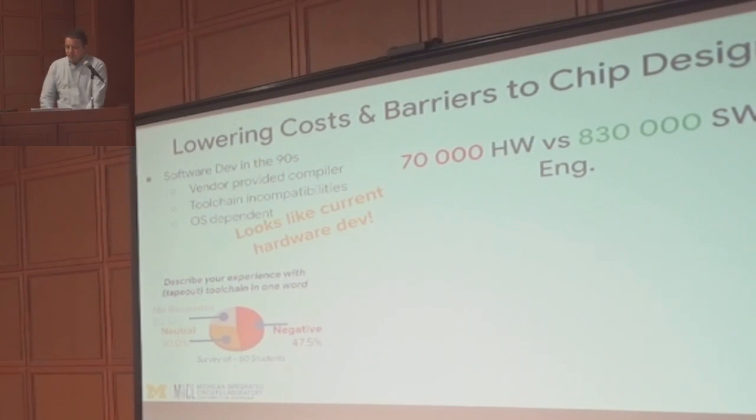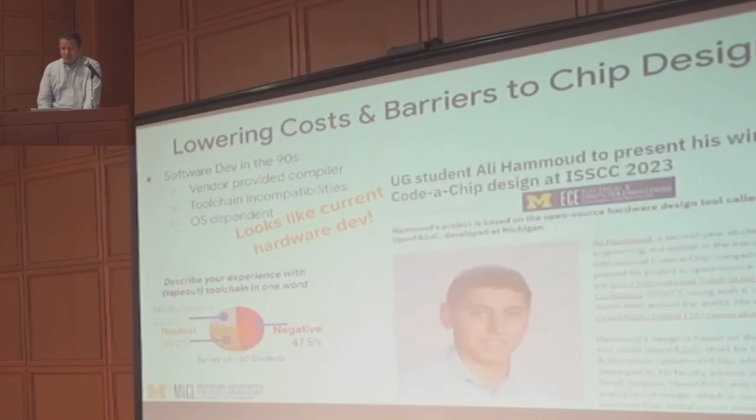So there's a ratio of 10. And the number is expected to grow by 30% for software engineers versus 5% in 1 decade for hardware engineers. So there's a real imbalance there. The idea here is to find ways of turning software engineers into hardware-friendly engineers.